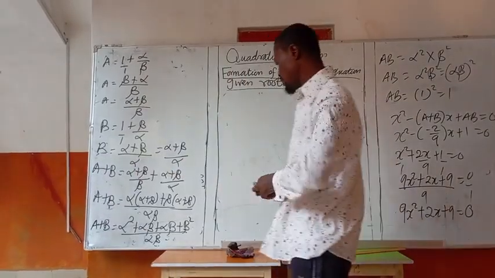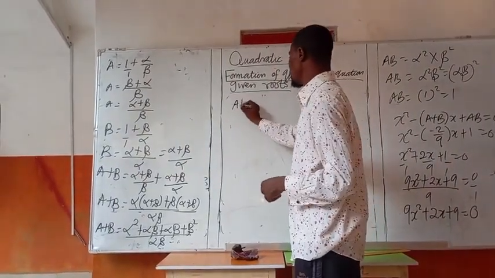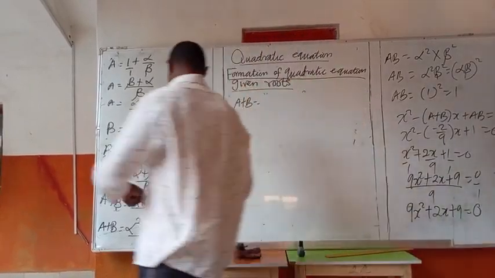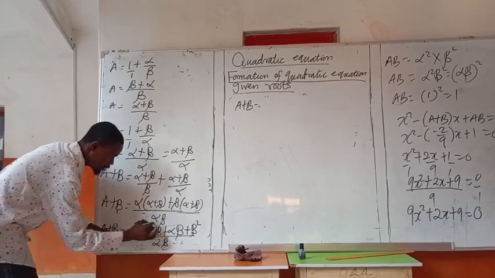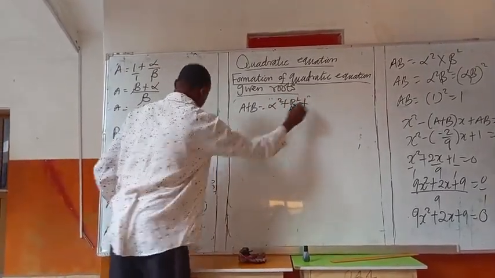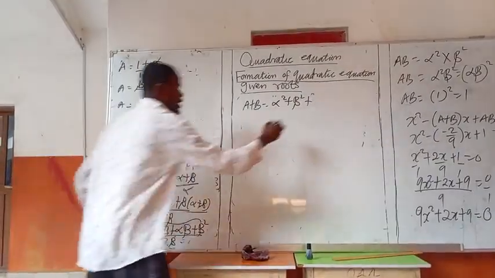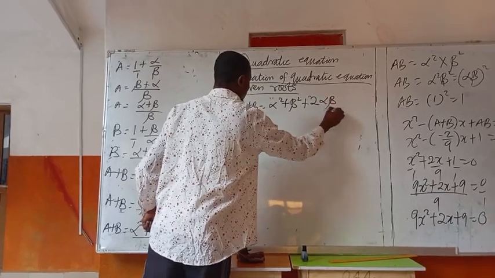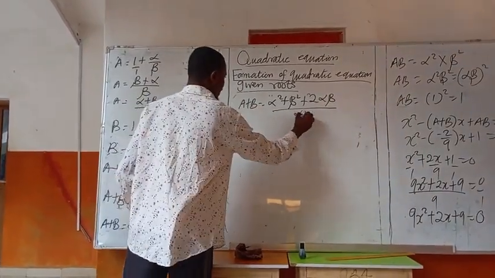So the next thing is we have A plus B is equal to, now add the ones that have square, we have alpha square plus beta square plus alpha beta plus alpha beta, that is 2 alpha beta, all over alpha beta.